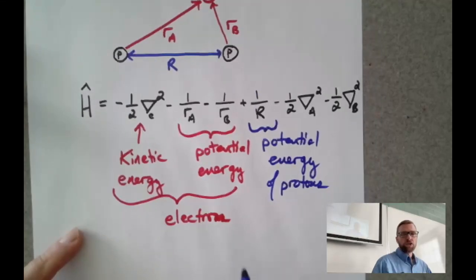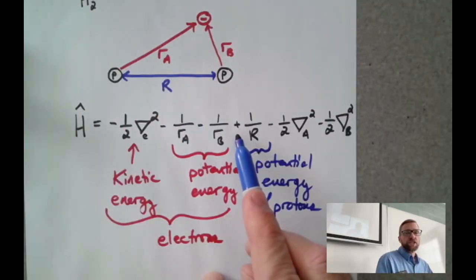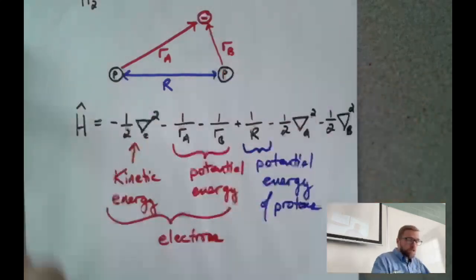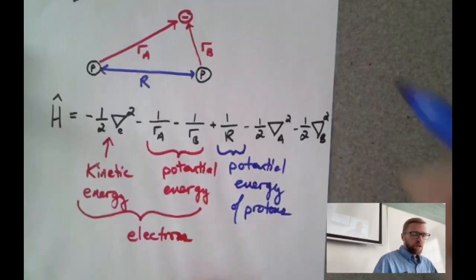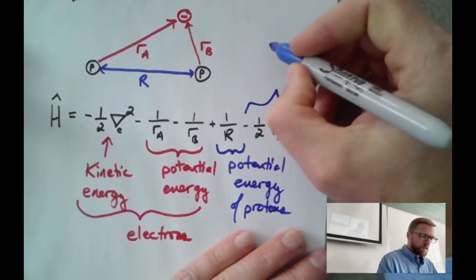So how close are the protons, right? You bring them closer together, the potential energy goes up because they're positively charged. Like charges repel, so you have to push them together, okay? These two terms are the kinetic energy terms for the protons.